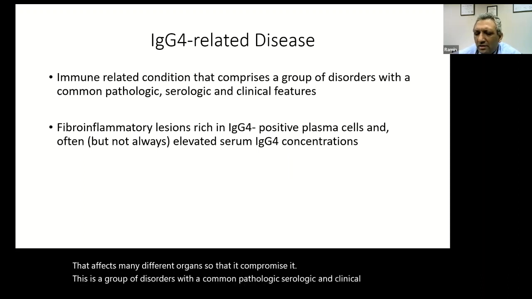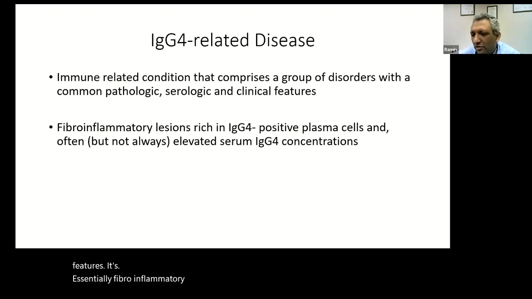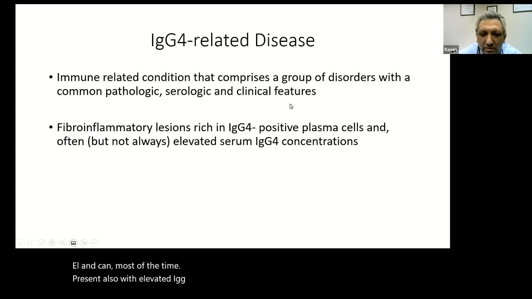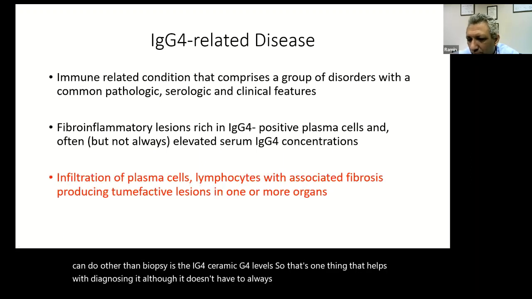It's essentially fibro-inflammatory lesions that are rich in IgG4 positive plasma cells and can, most of the time, present also with elevated IgG4 concentration in the blood. So one of the tests you can do other than biopsy is the serum IgG4 level. That helps with diagnosing it, although it doesn't always have to be there.